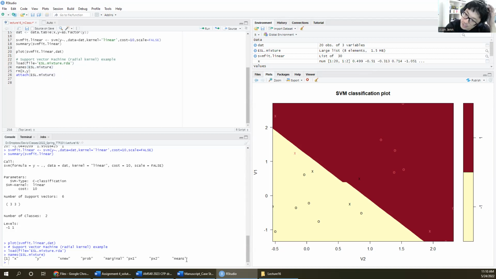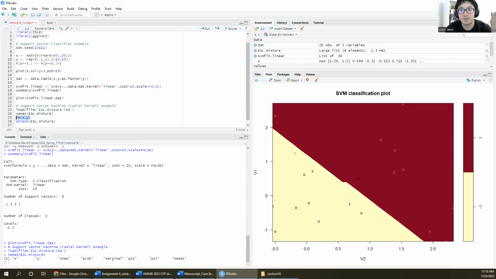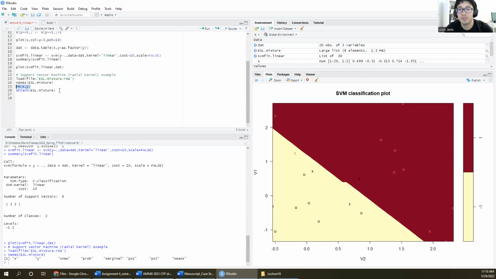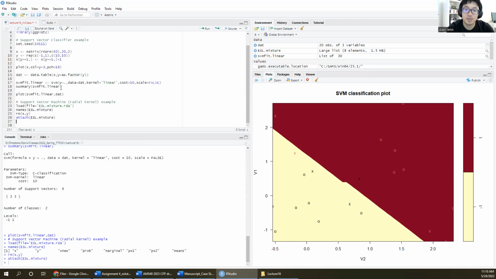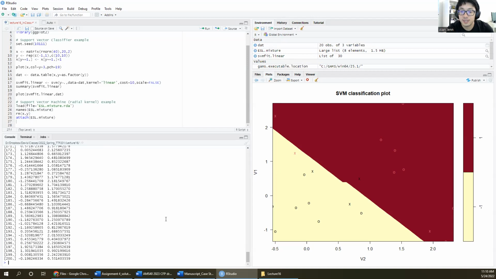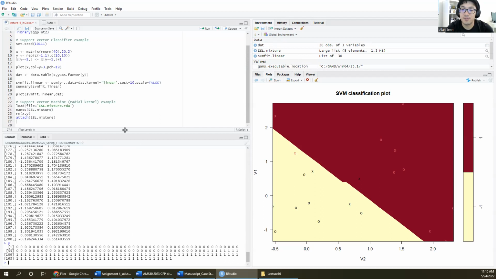So it's going to create a bunch of variables, x, y, x new, prob, marginal, as objects that I can work with. But first I'm going to remove the x and y's that we had defined up here before. Now when I do this, I can call my x's and my y's that were defined via my ESL mixture data.